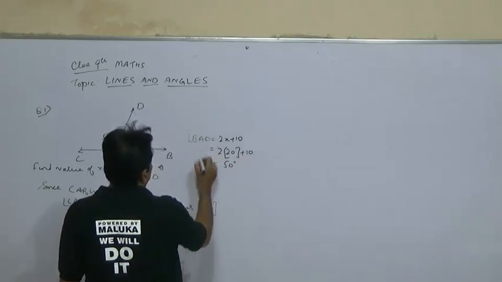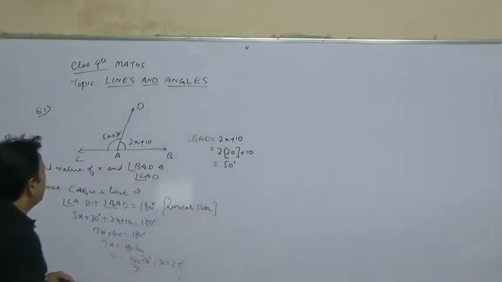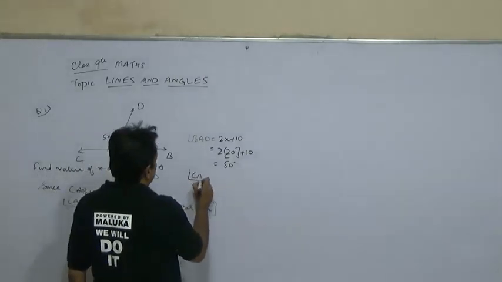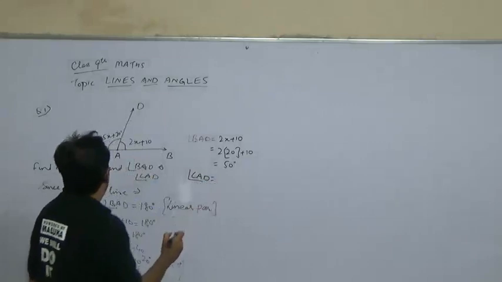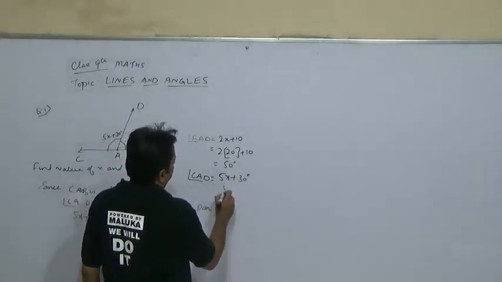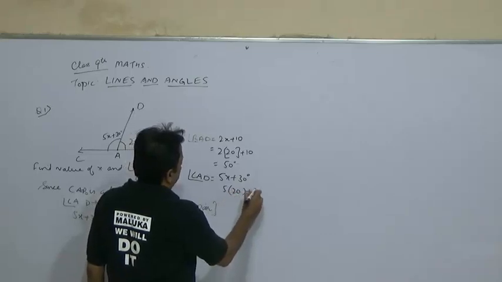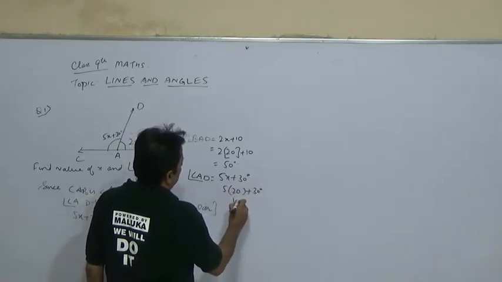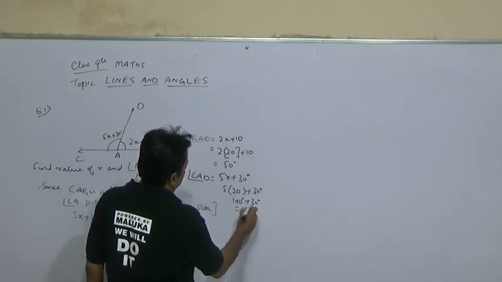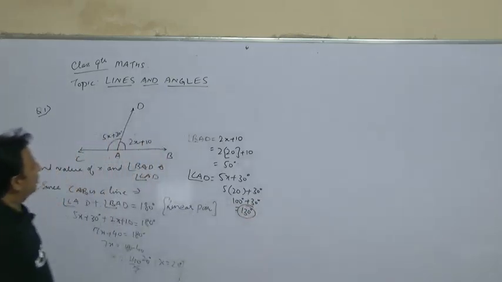So BAD is 50 degree, and then we want to find CAD. CAD is 5x plus 30. So 5 into 20 plus 30, which is 100 plus 30, which is 130 degree. So these are the two angles which we want to find.